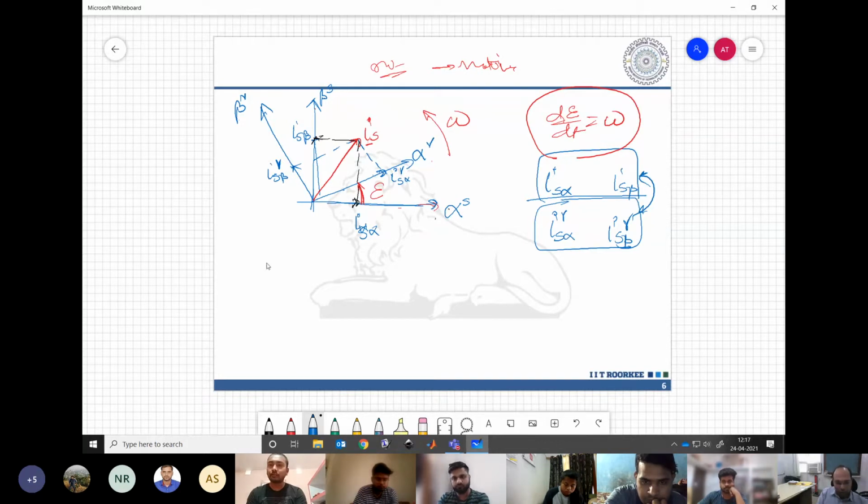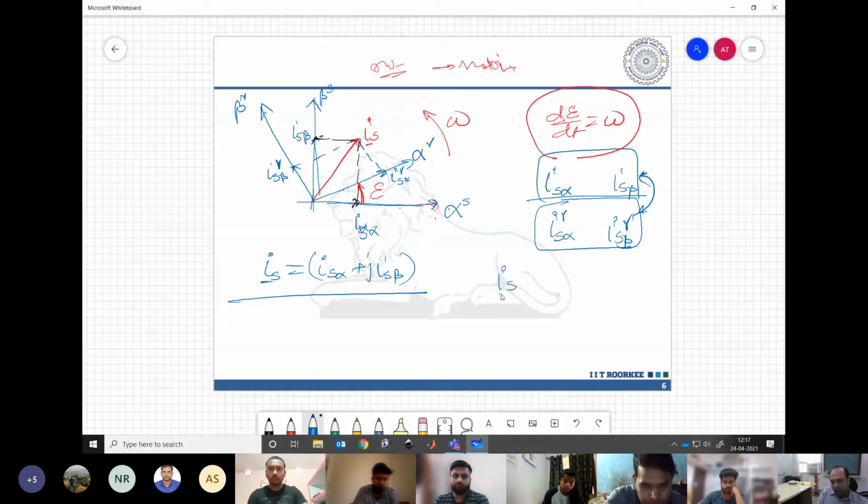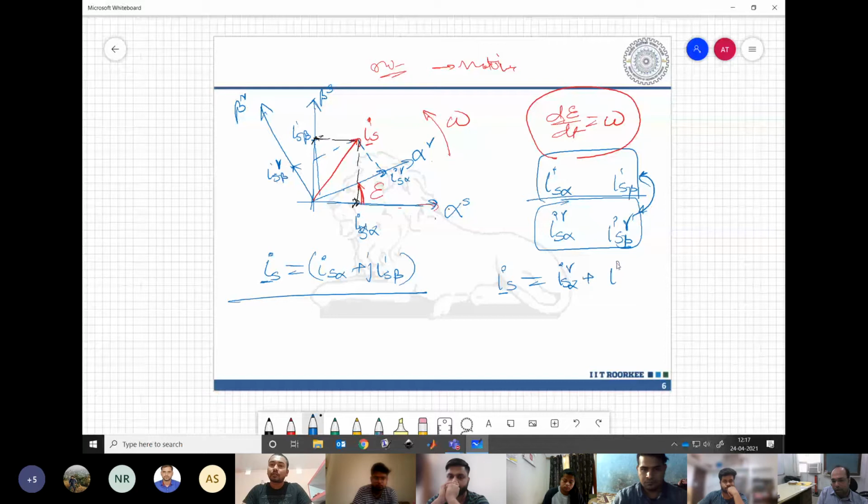Now, we must understand the vector is the same whether we define it in the stationary alpha beta reference frame, or in the rotating alpha beta reference frame. This vector Is is the same, but how we are referring to it is what changes.